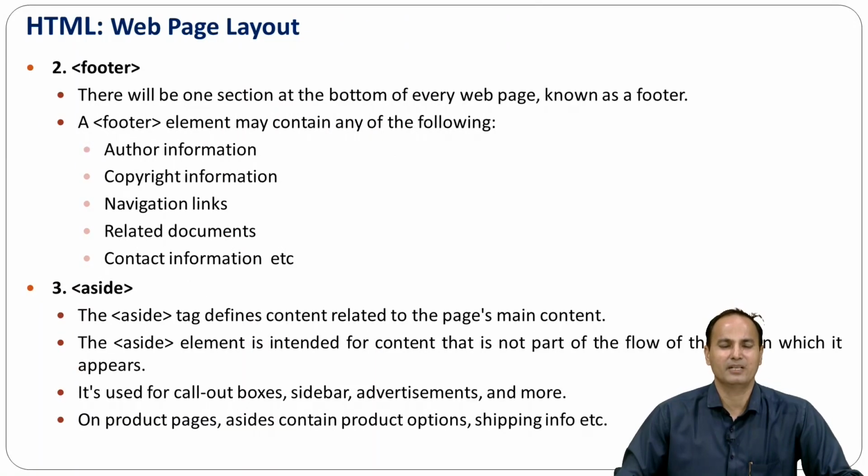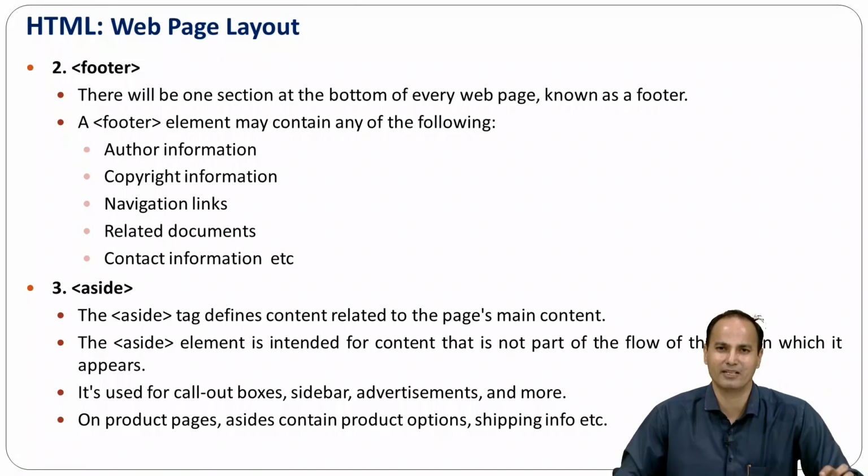Then the next element is footer. There will be one section at the bottom of every web page that is known as footer. A footer element may contain any of the following: author information, copyright information, navigation links, related documents, contact information, etc. Whenever we visit any website, it must have these two elements, header and footer.